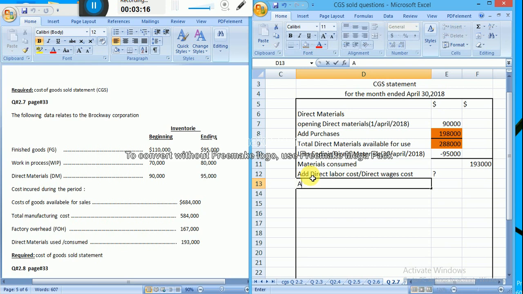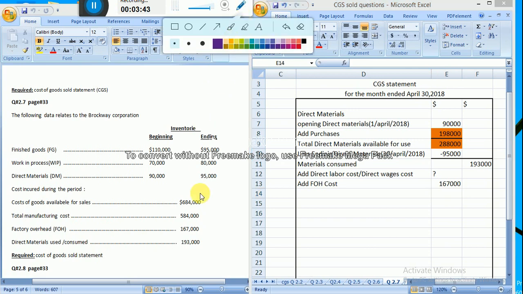So we also add factory overhead cost, and factory overhead cost is given in the question, $1,67,000.